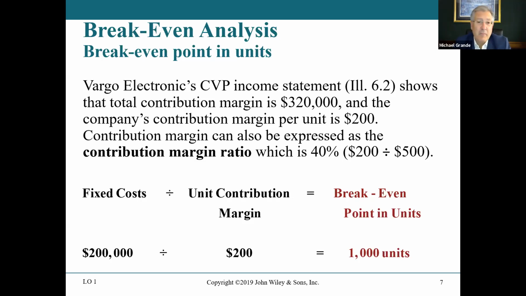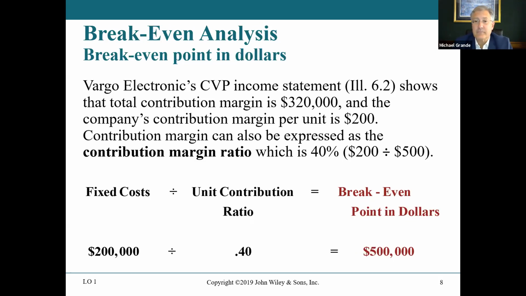The formula for break-even point in units is fixed cost divided by the contribution margin per unit, in this case, 1,000. So when the company sells 1,000 units, they break even, which means net income equals exactly 0, which also means that their sales equal their total costs.